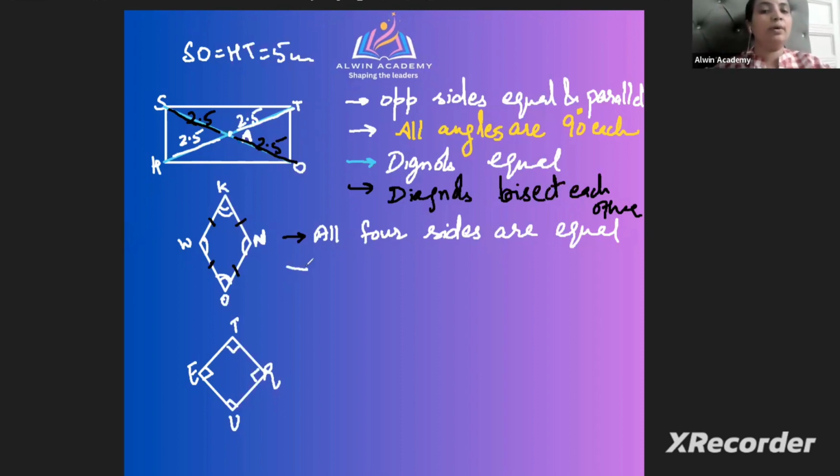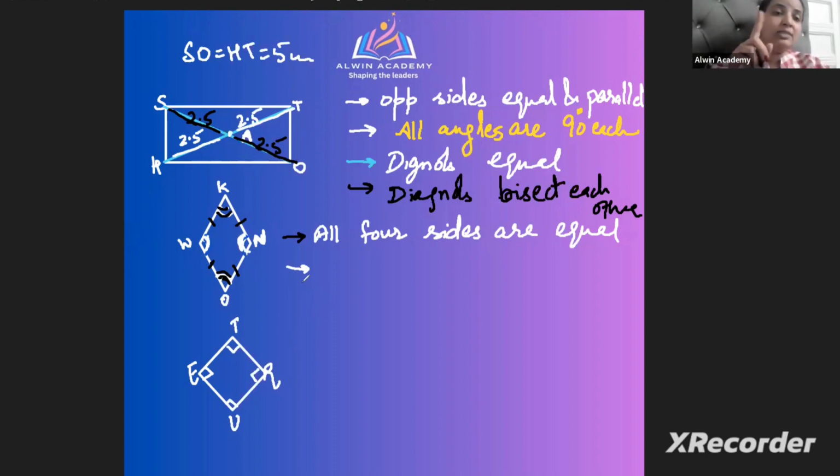Now let's conclude about the angles. Just like any other parallelogram, the opposite angles are equal. This one looks like an acute angle to me, and this one also looks like an acute angle. Both the opposite angles are equal. And the other ones look obtuse. This one is obtuse, this one's also obtuse. Right, beta ji? So opposite angles are equal.